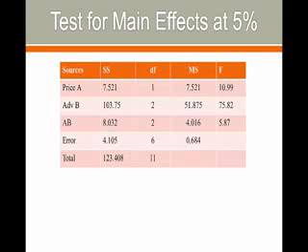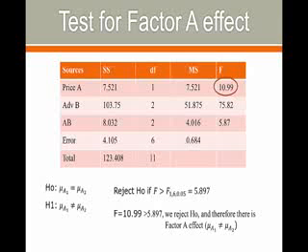Let us test now if there is an A effect. To test if there is a factor A effect, my hypothesis is let us test that the mean of A1 is equal to the mean of A2. So that is the mean effect that we have here. The two prices, are they significantly different? I will reject H0 if the F that I have in my table is greater than F(1,6).